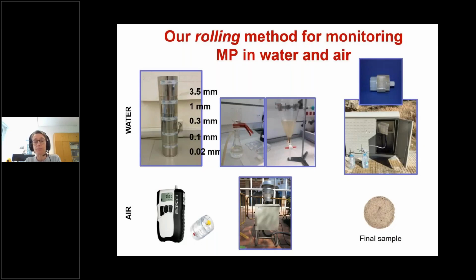There are different procedures that I will not go into detail. But at the end, we finish with a filter, and this filter contains all the microplastics that have to be characterized. The procedure needs to be optimized, but I will not go into detail into these aspects.